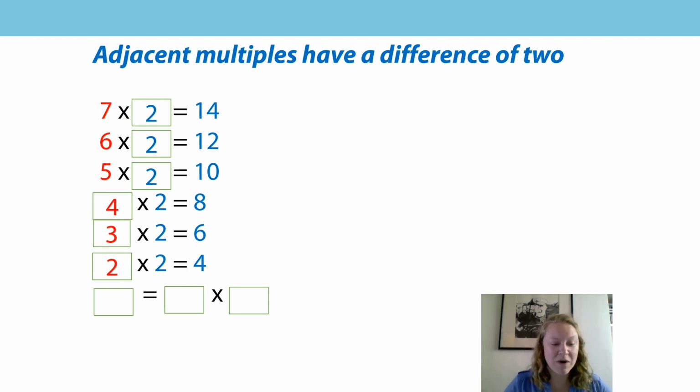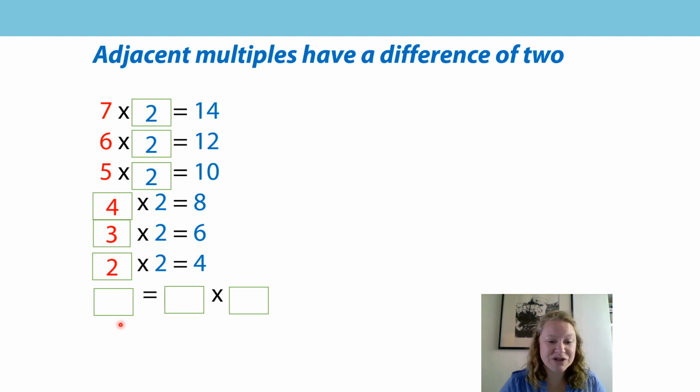Okay, so our factors down the side here, our number of groups has decreased each time. Okay, gone down each time. Our factor here has stayed the same each time because that's our number of groups. And our product down here has decreased by 2, but suddenly our product's over here.